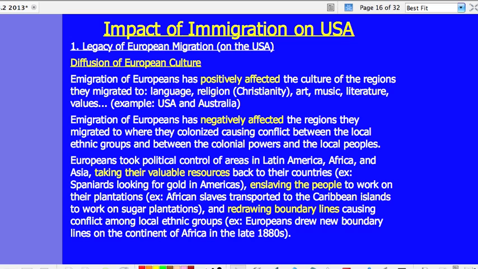That caused a lot of conflict between the different ethnic groups within those new boundary lines that Europeans drew. So diffusion of European culture was definitely positive in some places, but European colonial dominance over places also caused a lot of conflict between the peoples that live there and between colonial powers and the local people.